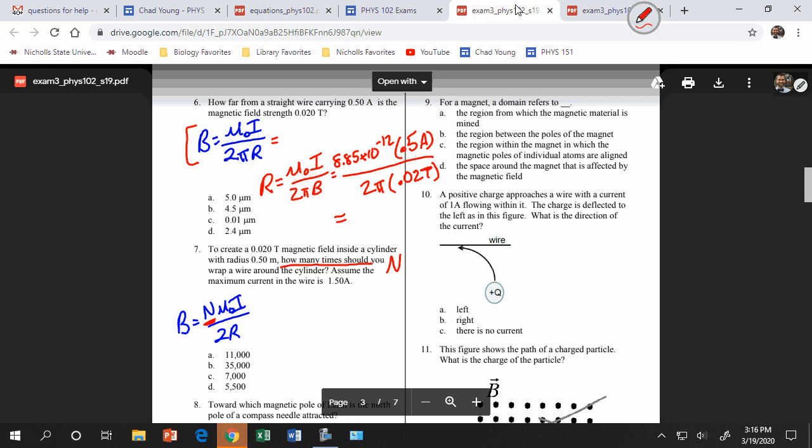And then here, I'm looking for the number of times that I have to turn this wire, because this is where I have this coil of wire, and then when I put a current through it, it generates a magnetic field. So N is equal to B 2R over mu naught I. B is 0.02, 2.